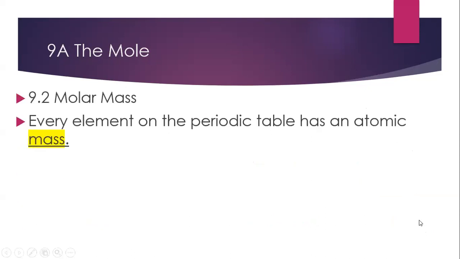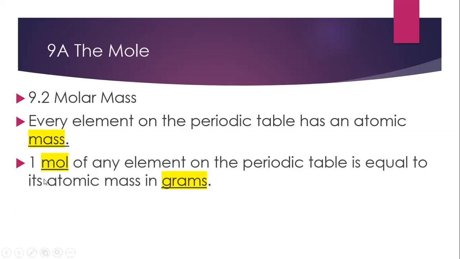Okay, molar mass. Every element on the periodic table has an atomic mass, okay? We looked at the periodic table. Remember the number, the decimal point number underneath tells its atomic weight. We have atomic mass unit, AMU, or they could just call it mass in grams, or they also call it grams per mole, called molar mass, okay? 1 mole of any element on the periodic table is equal to its atomic mass in grams.